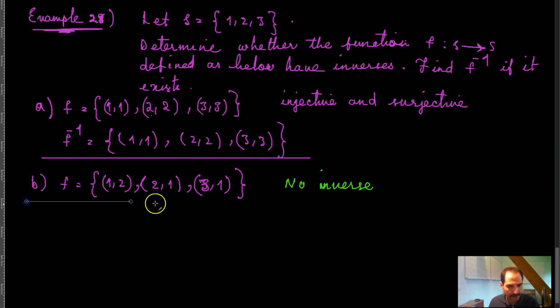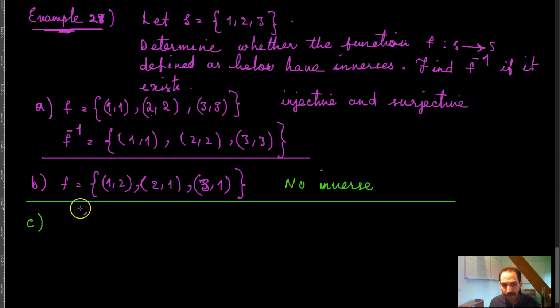Now in the third case, case C, we have f equal to the set {(1, 3), (3, 2), (2, 1)}.